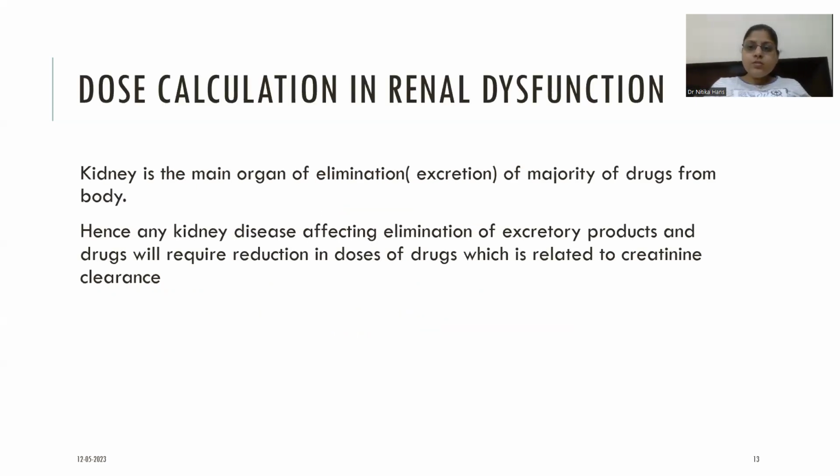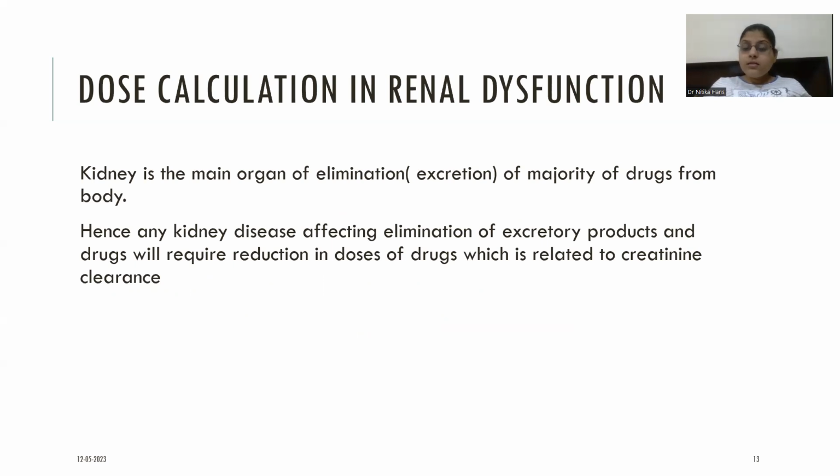Now, dose calculations in renal dysfunction. Kidney is the main organ of elimination, of metabolism and excretion of the majority of drugs. Any kidney disease affecting elimination of excreted products and drugs will require reduction in doses of drugs, which will be related to creatinine clearance.